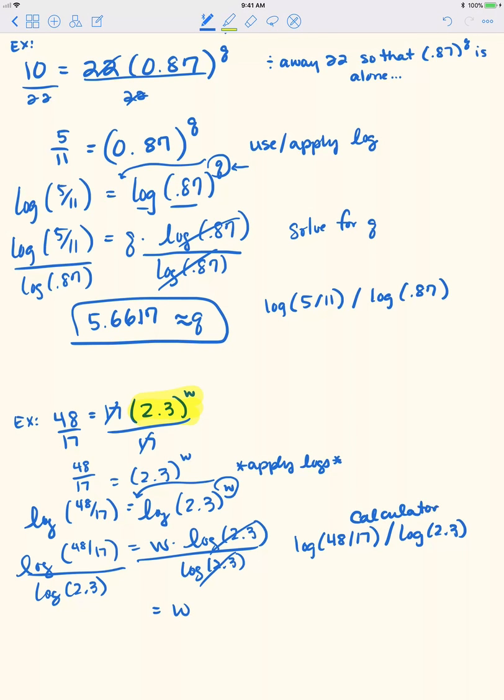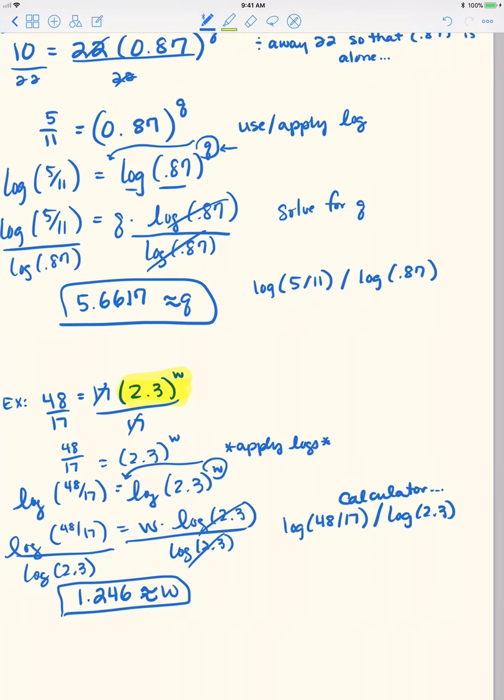And this is for calculator entry. And you should get that w is approximately 1.246. Again, watch the number of places you have to round it to. But don't round any other decimal until the very end of the problem, or you'll have a lot of carryover error and you won't be able to catch your mistake. Okay?